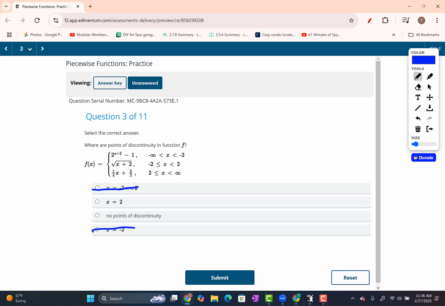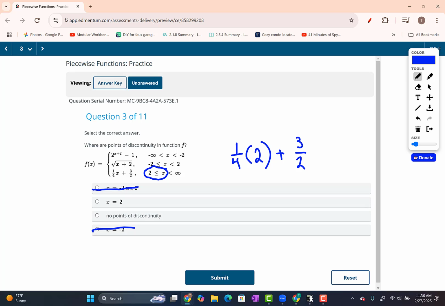So then this last one, we need to check this one because it says this graph exists when x is greater than or equal to 2. So if we substitute, and we can do this pretty quickly, if we substitute 2 for x in this equation, now you need to check this.